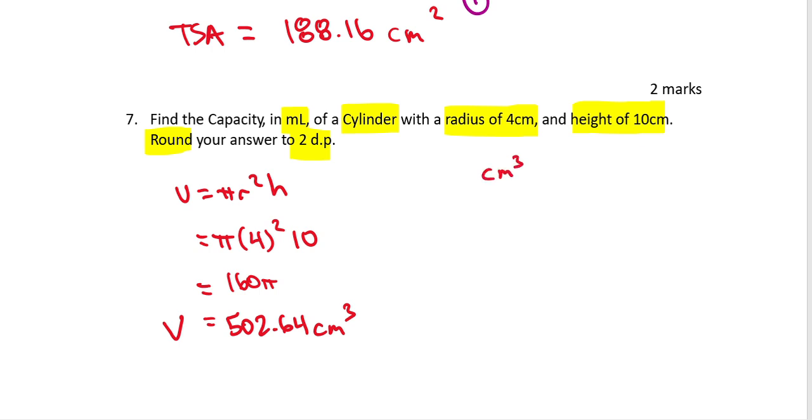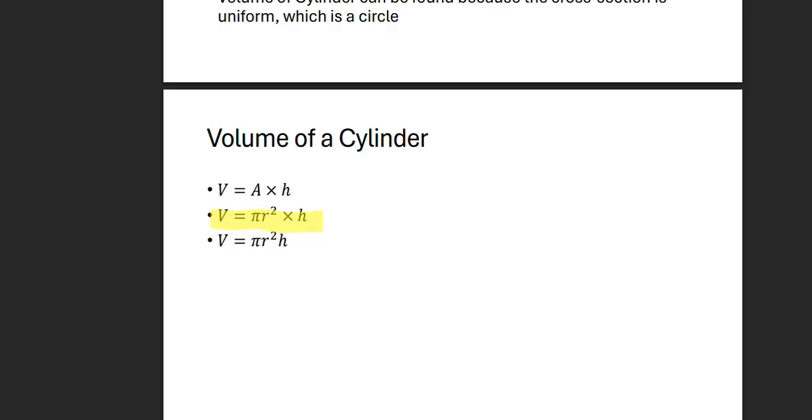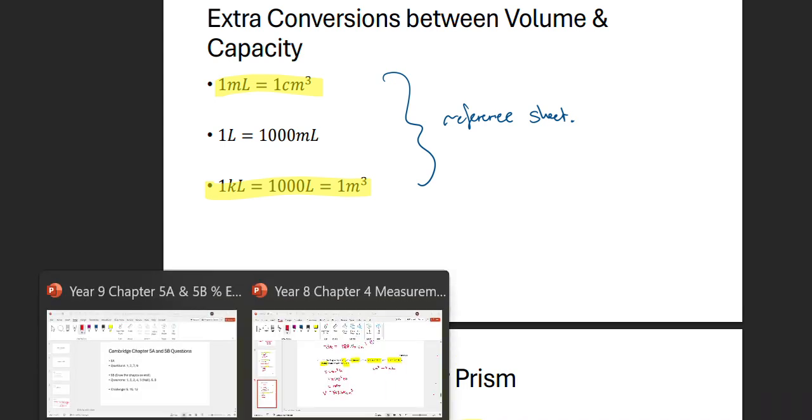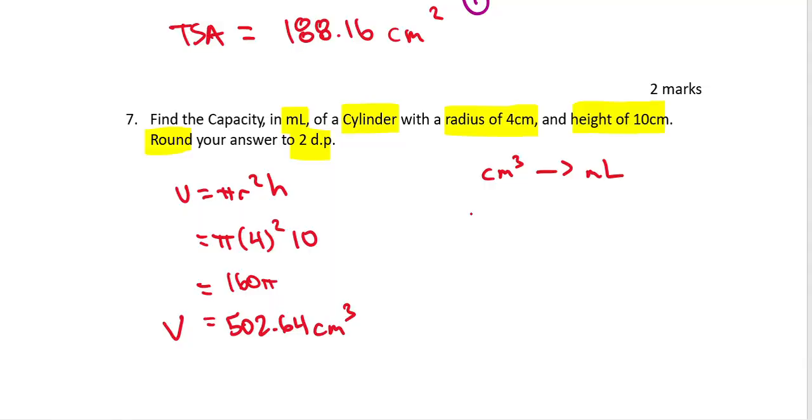So we need to go from centimeters cubed to milliliters now. Let's just double check in our reference sheet. There was a conversion. Here we go. This is our conversion, listed at the top. For every 1 milliliter, it equals 1 centimeter cubed. So that means for every 1 centimeter cubed, that's equivalent to 1 milliliter.